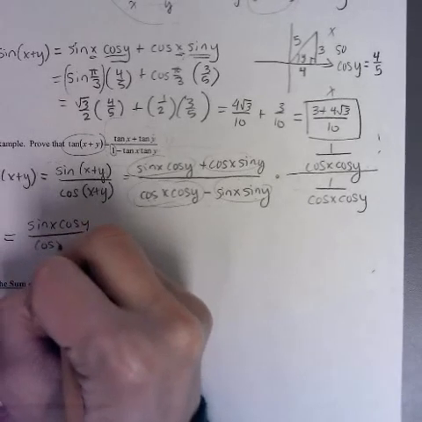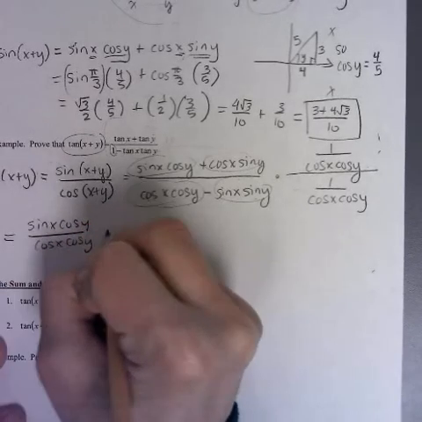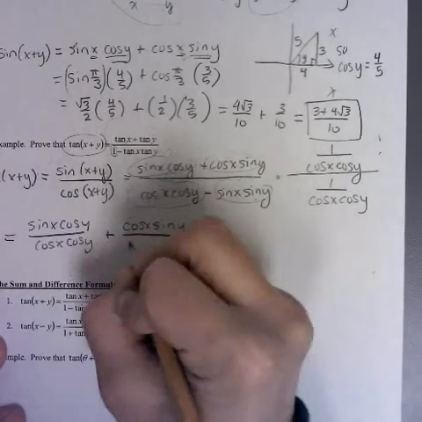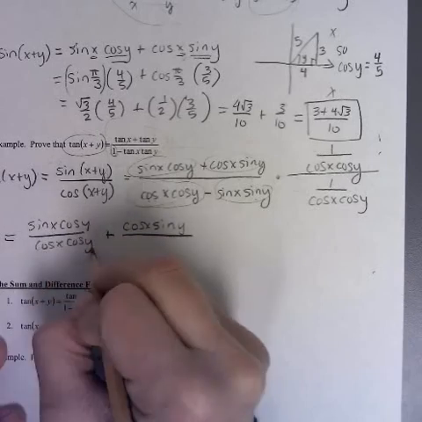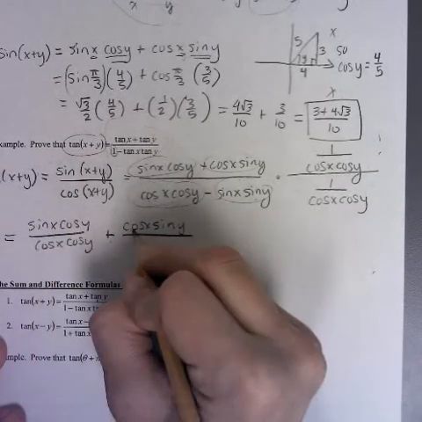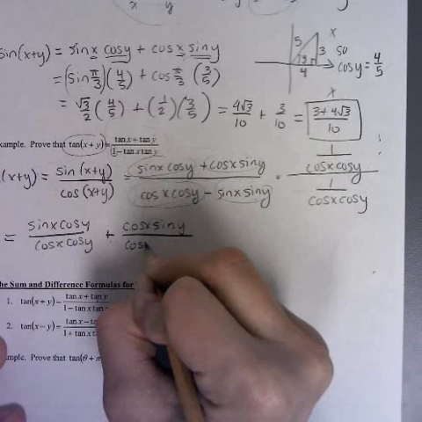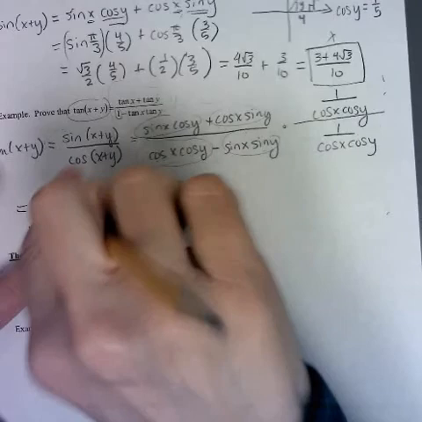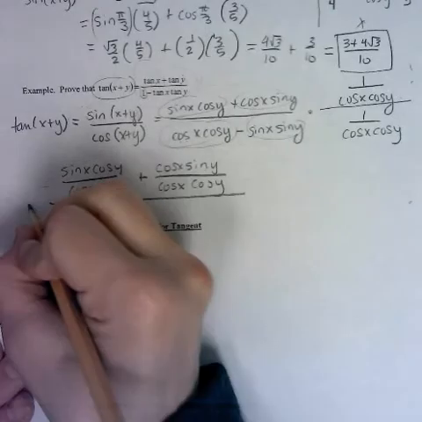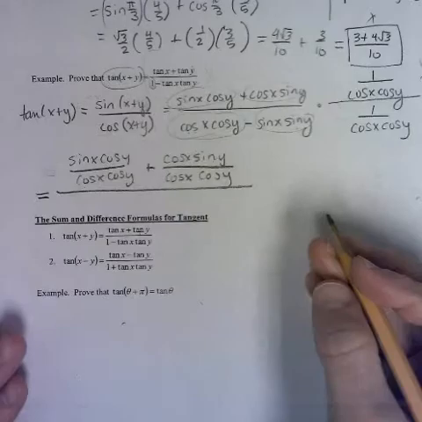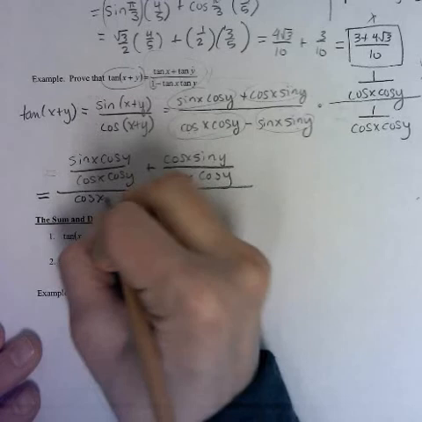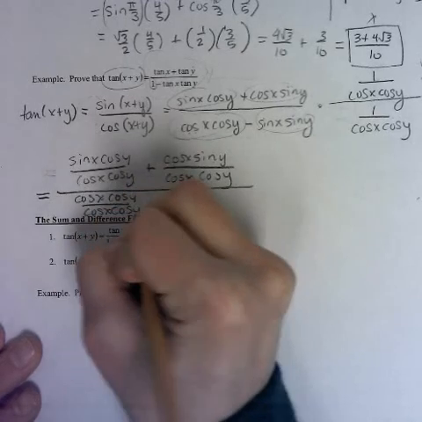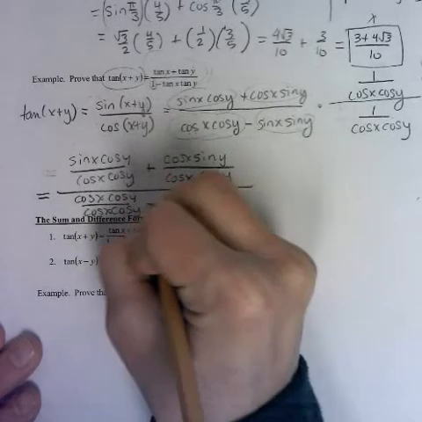So in the numerator, we get cosine x cosine y over cosine x cosine y plus cosine x sine y over cosine x cosine y, and over, move my equal sign, cosine x cosine y over cosine x cosine y minus sine x sine y over cosine x cosine y.